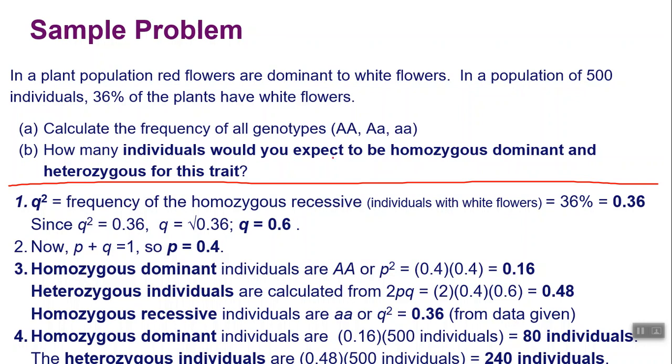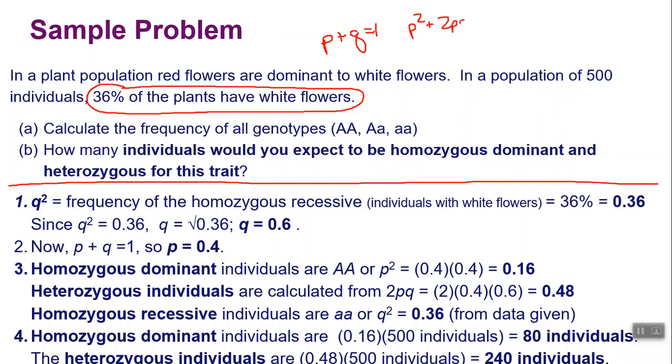How many individuals would you expect to be homozygous dominant and heterozygous? Right? So what are we going to start with? Well, they give us 36% of the plants are white. Is that P? Is it Q? Is it P squared? Is it 2PQ? Or is it Q squared?